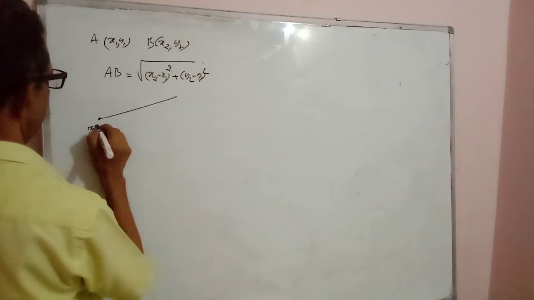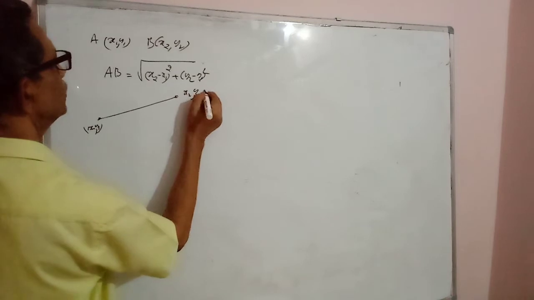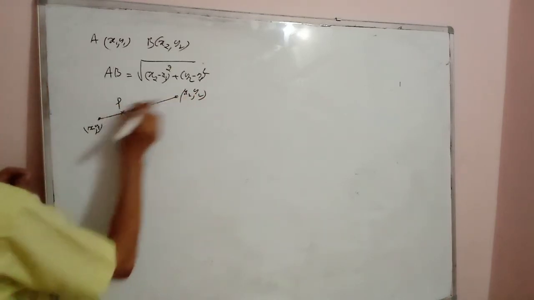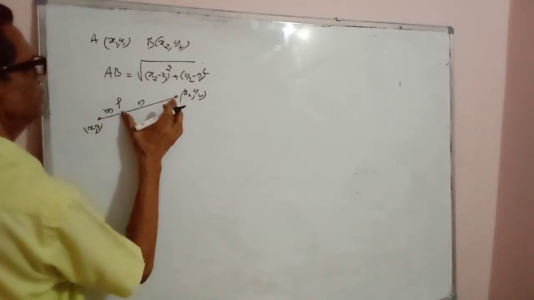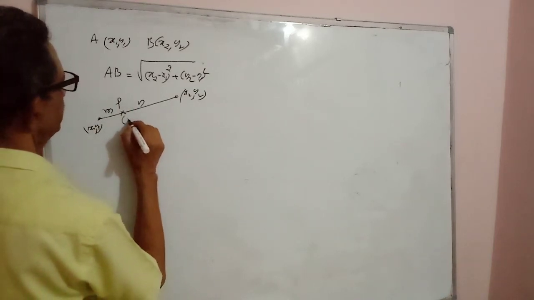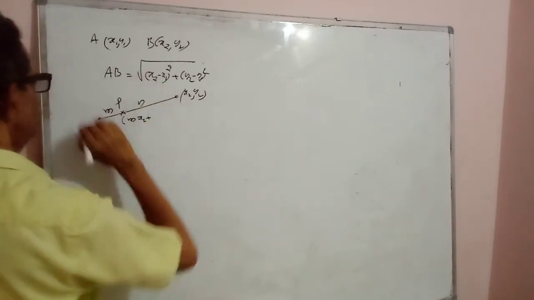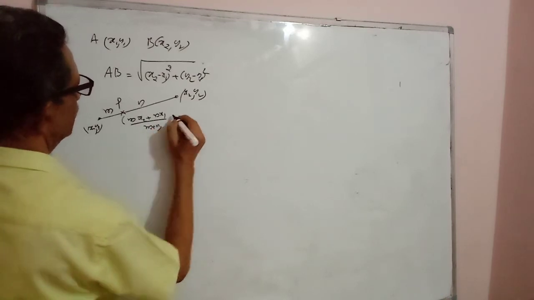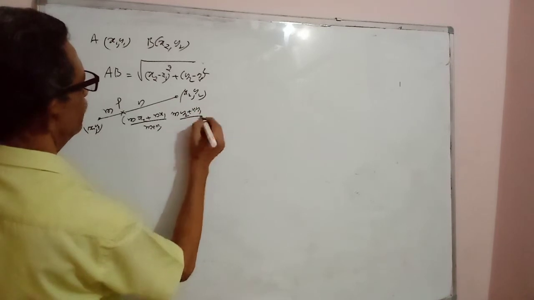Then (x1, y1) a point, and this is (x2, y2). A point P divides the line segment joining these two. This is the line segment. In the ratio m is to n. If this one is m and this is n, then the coordinates of this point are (m into x2 plus n into x1) by (m plus n), and (m into y2 plus n into y1) divided by (m plus n).